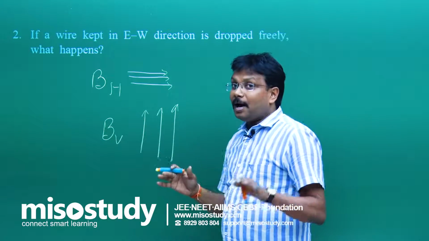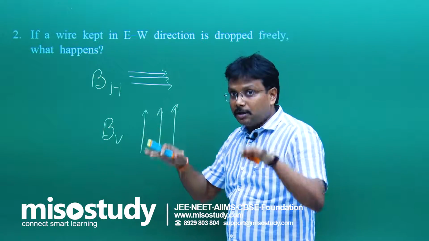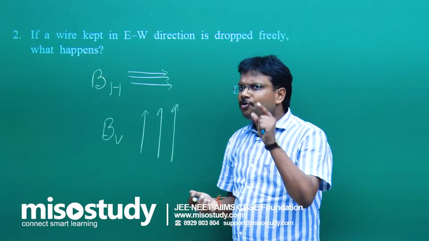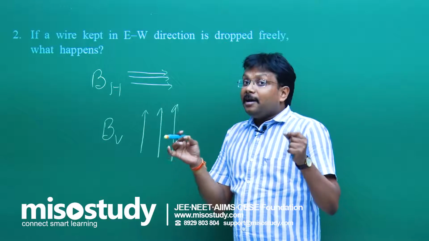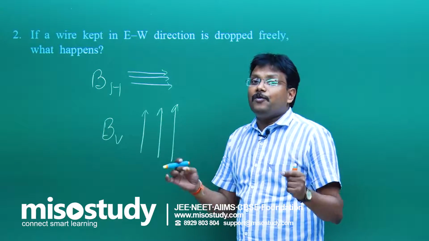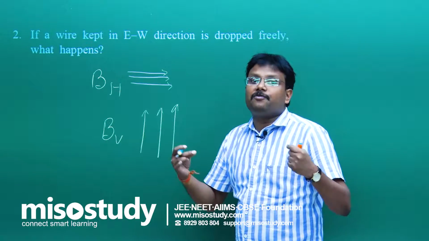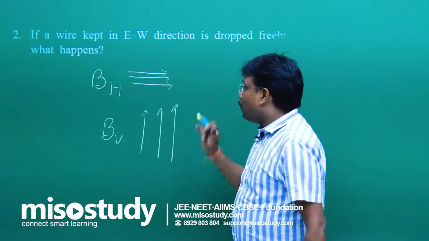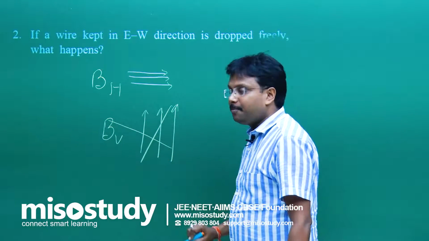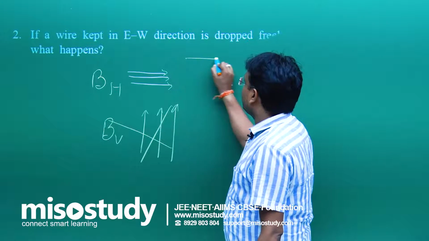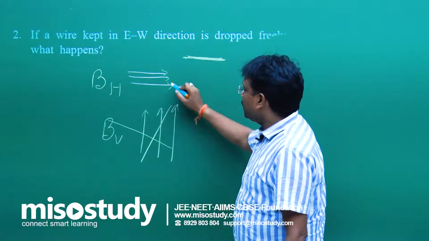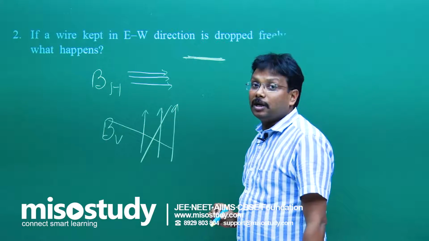Now, when the wire starts falling in east-west direction, their question is what will happen? So, the answer should be that at the ends of the wire an induced EMF will appear or a potential difference will develop, fine. Why will the potential difference develop? Not because of BV, but because of BH, because when the wire falls, it will cut these horizontal lines.